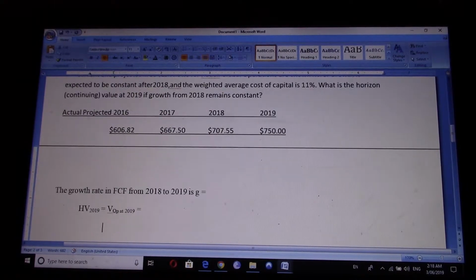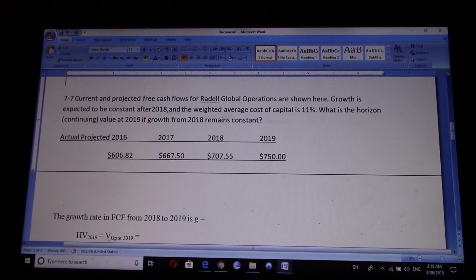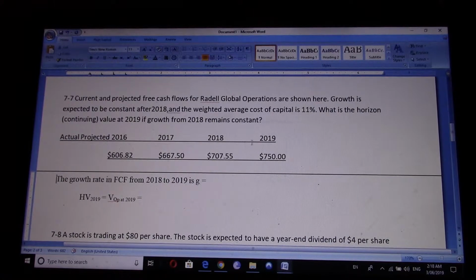Question number 7 asks you to calculate the value of the firm. The growth rate is constant. It's asking you for the value in year 2018. Even though this is free cash flow, the math equation is the same.